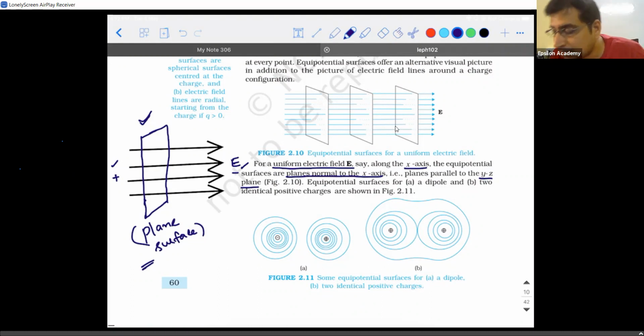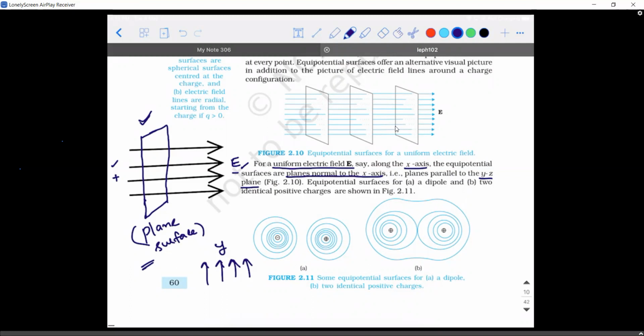The answer is YZ. If the question is twisted like this: there is a uniform electric field directed along the positive y direction. In which plane is the equipotential surface present? XZ plane, sir.